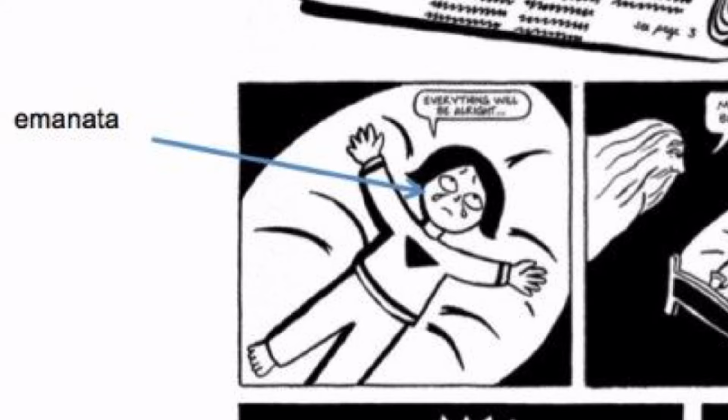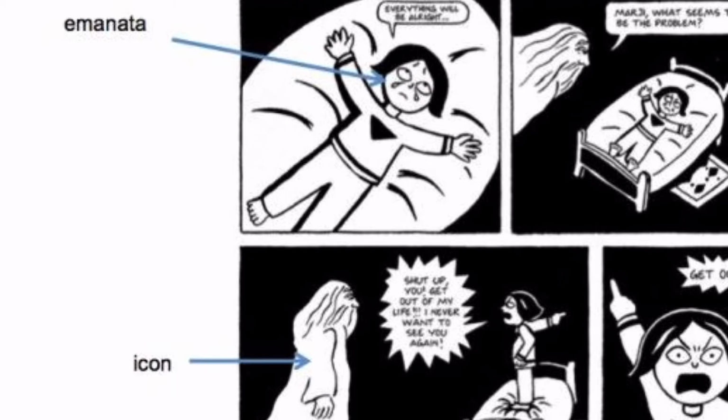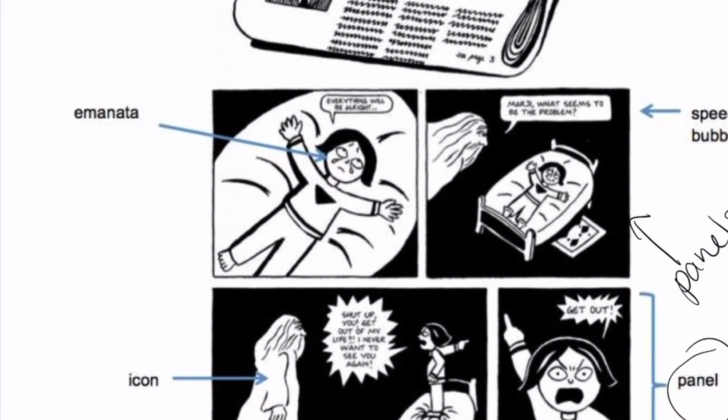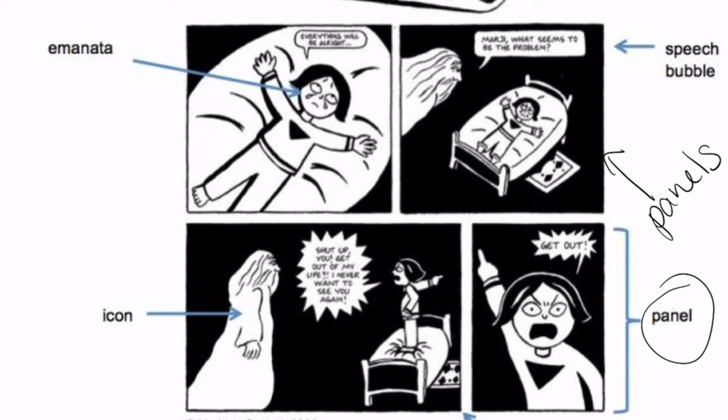So that's an example of an emanata. And obviously it is to show her sadness. It's hard to write that she's sad, so it's easier to show visually. And that's really the cool thing about graphic novels, is that instead of just reading the words on the page, you actually get to see what it looks like visually to give you a different kind of understanding.